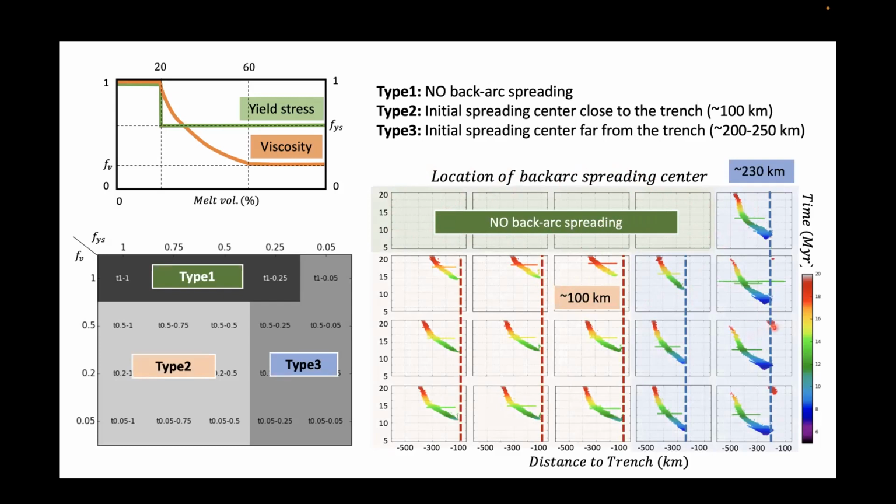And in a few models like these two, let me go back, so it's clear, we can have the second stage of the Vega, that is the jumping toward the trench. And this configuration is very similar to the present day Mariana. I think this is the first model to generate a second stage of Vega spreading.